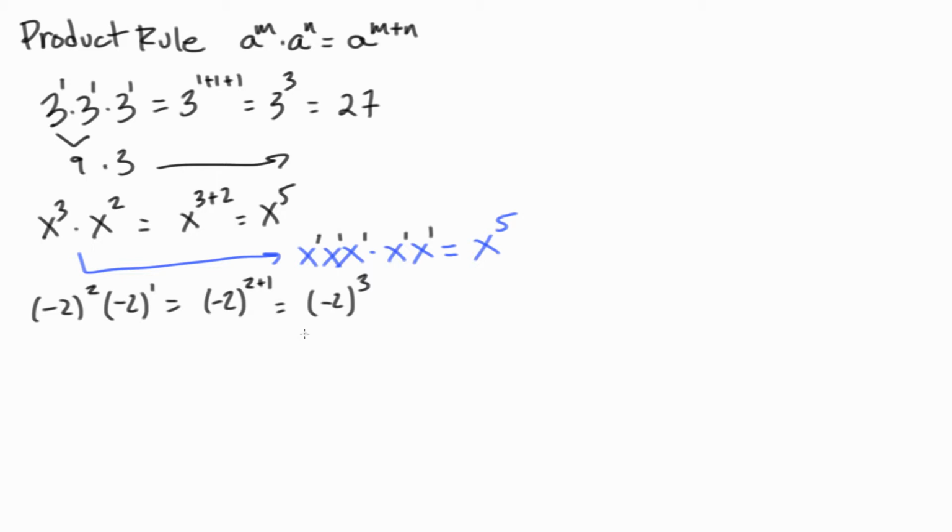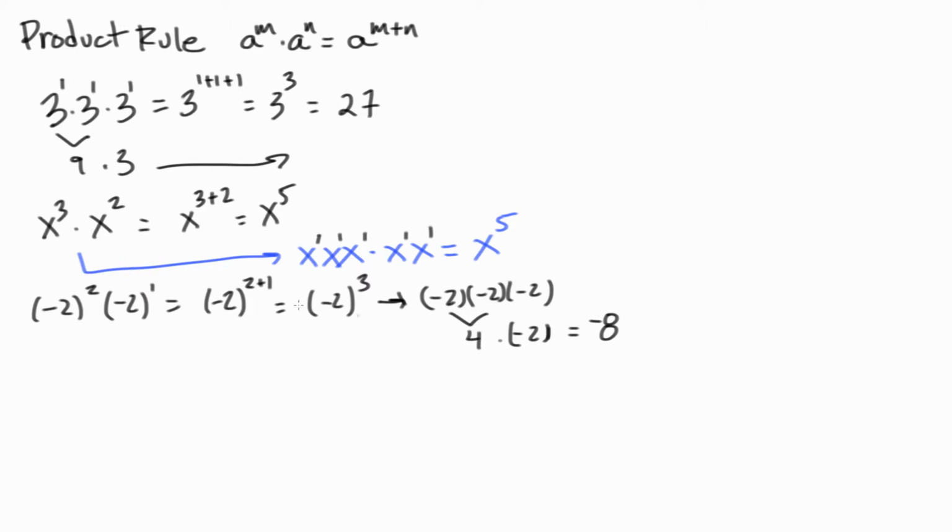Of course, they might ask you to evaluate it, and if we do that, well, then that would be negative 2 times negative 2 times negative 2. And so negative 2 times negative 2 is 4, times negative 2, that's going to give you negative 8. And again, you just have to listen to your teacher.